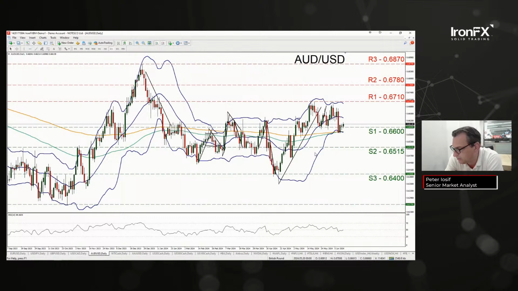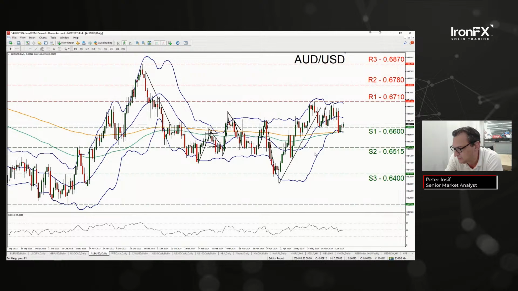Let's have a look now on what the prospects are for the Aussie against the US dollar. Once again, we're highlighting a possible bullish effect for the USD side of the pair from the Fed's interest rate decision, without excluding any bearish tendencies. That's another scenario, though.